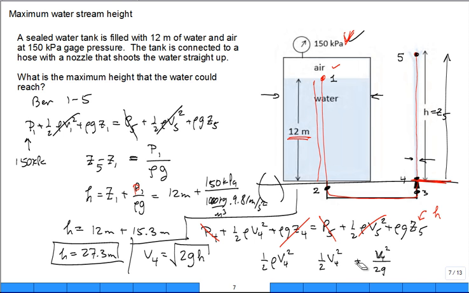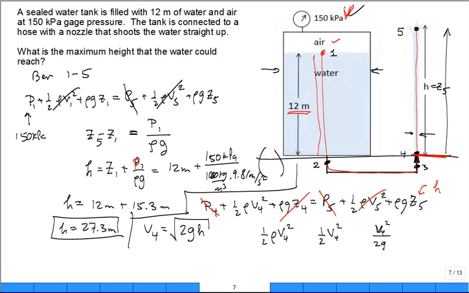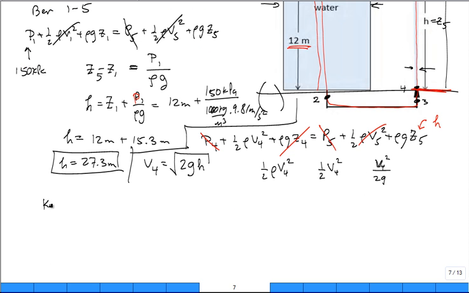One of those forms tells you the kinetic energy content of the fluid coming out. Either it's per unit volume, pressure, per unit mass, or per unit weight, head. Okay?